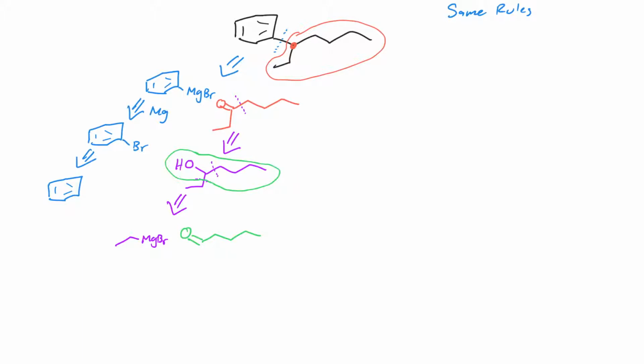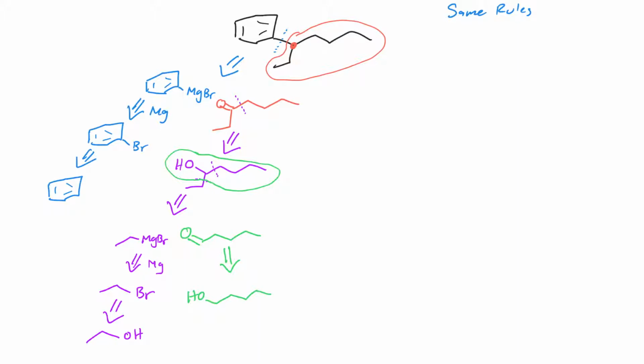How do I get to my Grignard? Well, same pathway. You're going to get really tired of making Grignards from alcohols. So long as I can buy ethanol, I know how to turn that into ethyl bromide. I know how to turn that into ethyl Grignard. And let's look at the last piece. So now I have 2 starting materials. This one is just 1 step away from an alcohol.